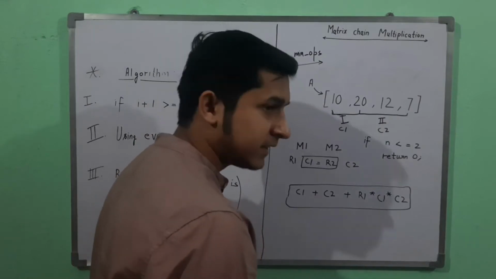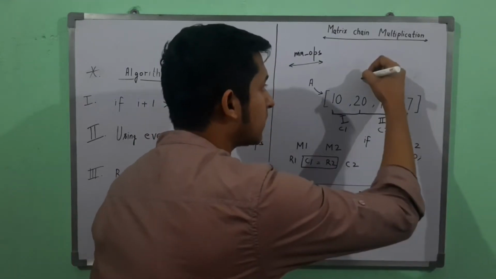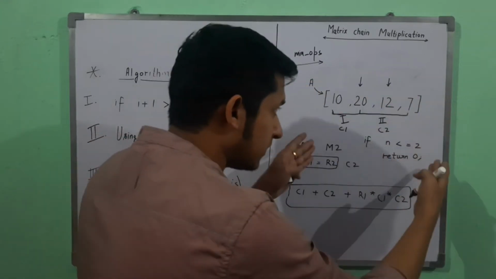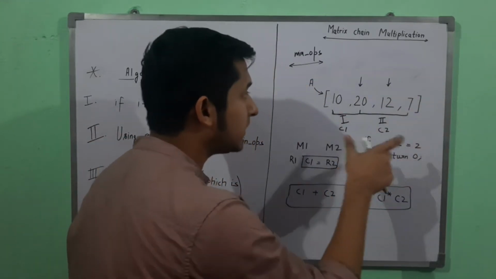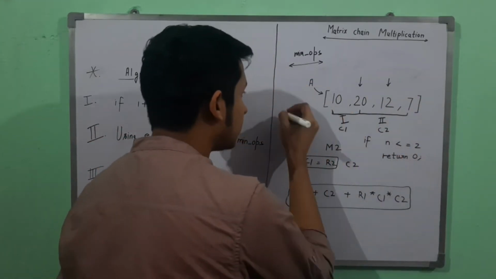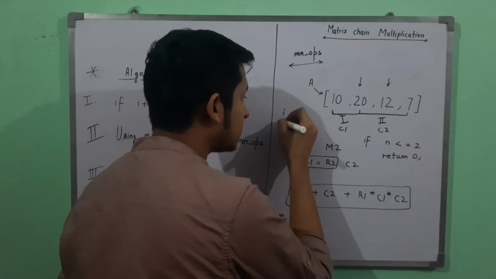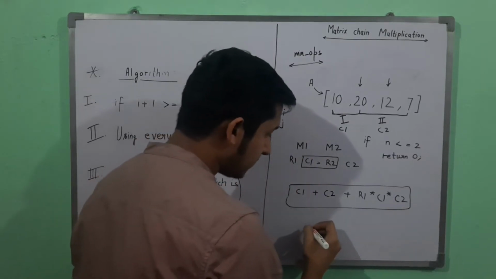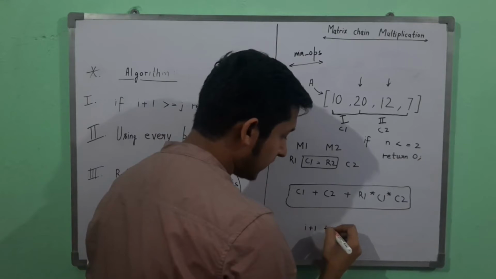So, for this problem, my possible places for having a partition are from this to this. So for a given question, I will write this problem as this array, i as starting index, j as ending index, and my partitions will go from i plus 1 to j minus 1.